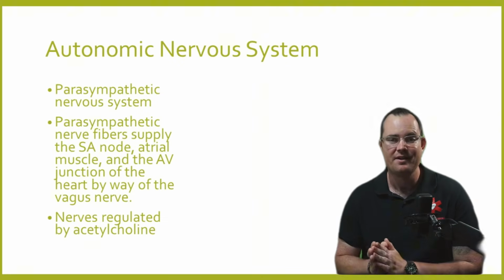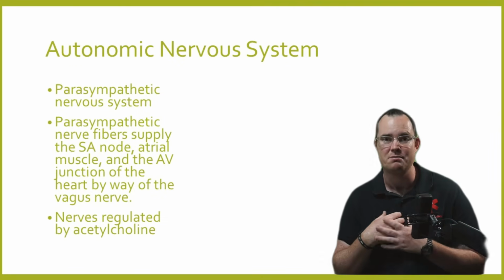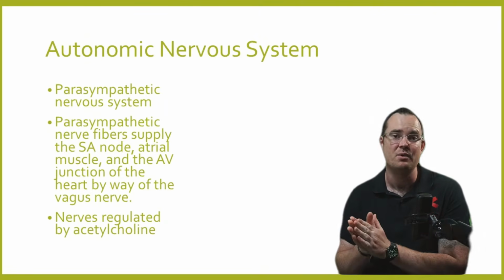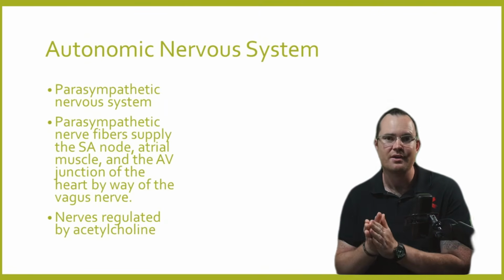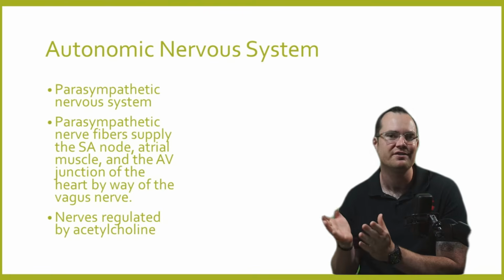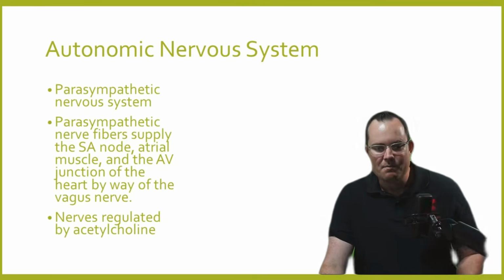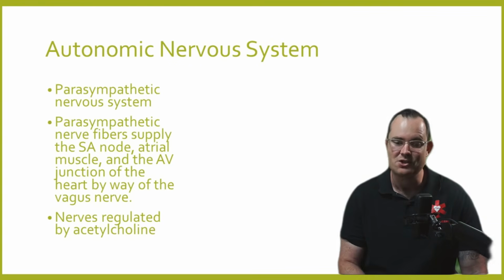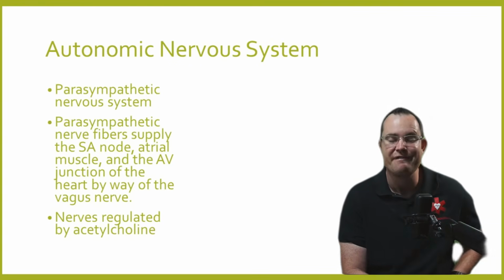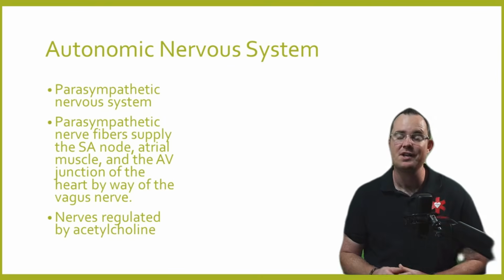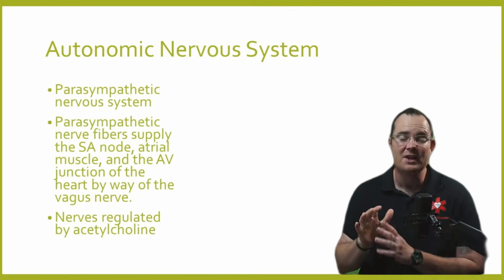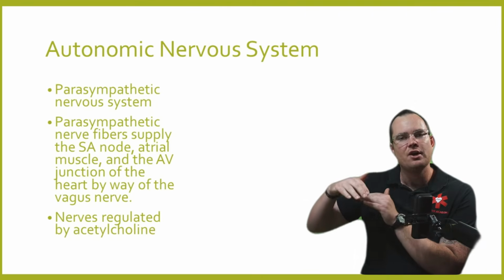Acetylcholine affects a receptor site called a muscarinic receptor. And what it does is it will lower the heart's rate by using a vagal stimulus. It says parasympathetic nerve fibers supply the SA node, atrial muscle, and AV junction. So if you know anything about the parasympathetic nervous system, you know that it affects from the AV node up.